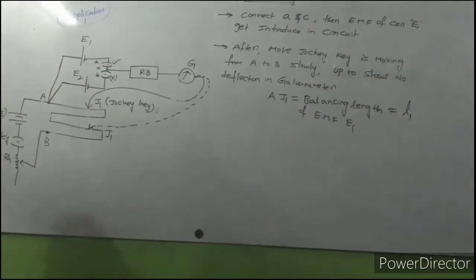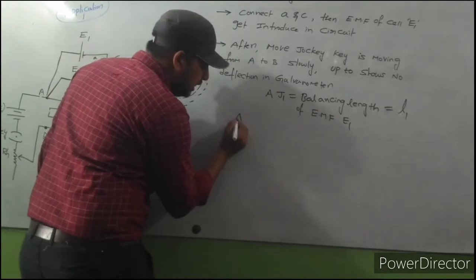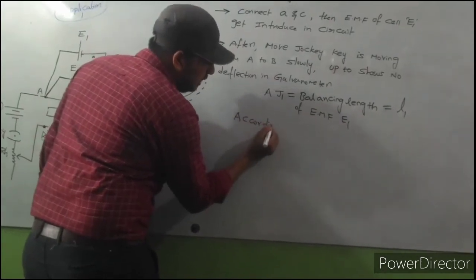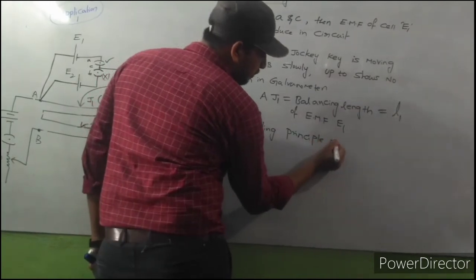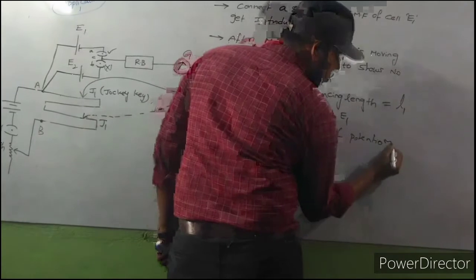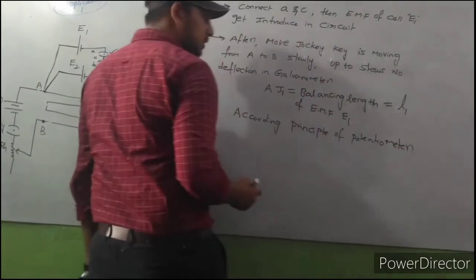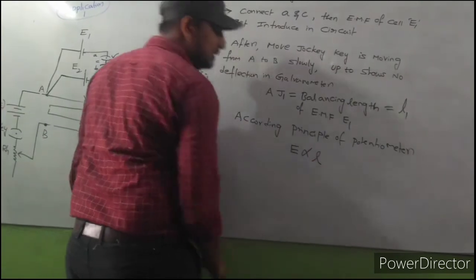So you already know the principle of potentiometer. According to the principle of potentiometer, EMF is directly proportional to balancing length.